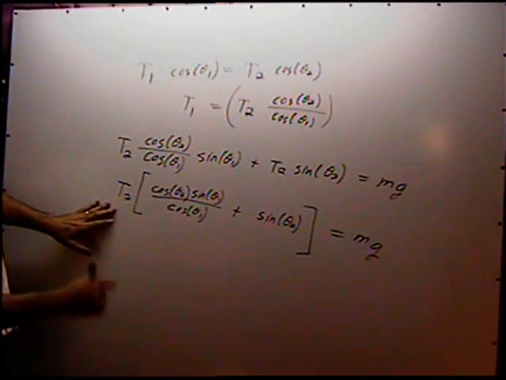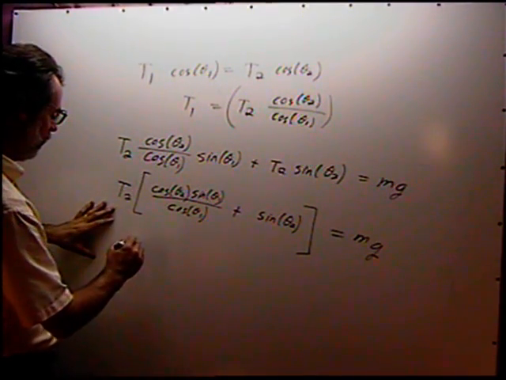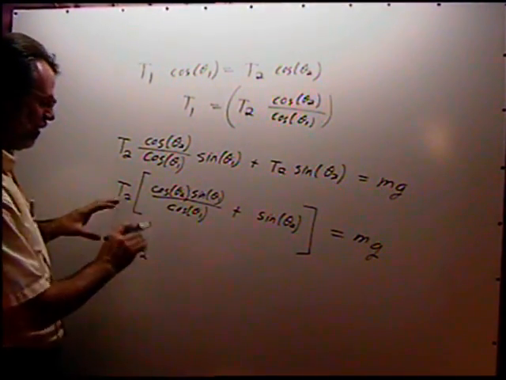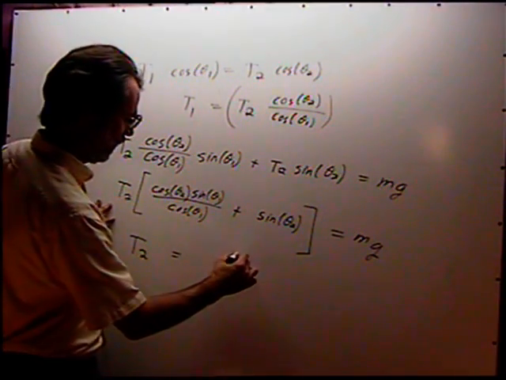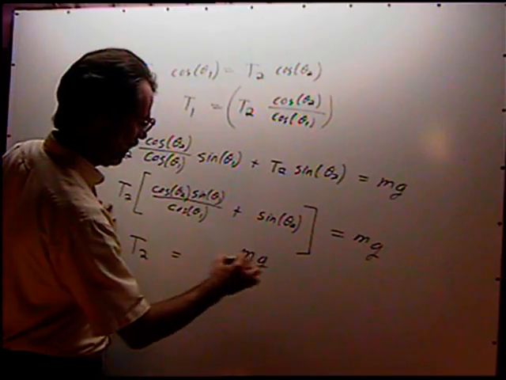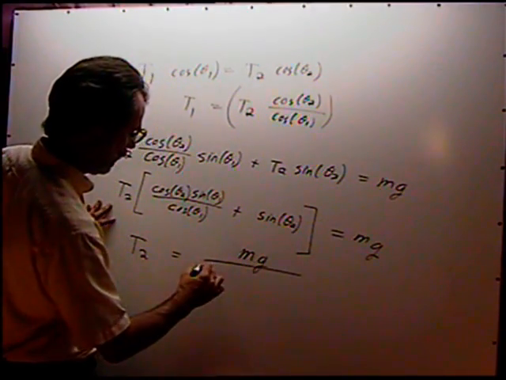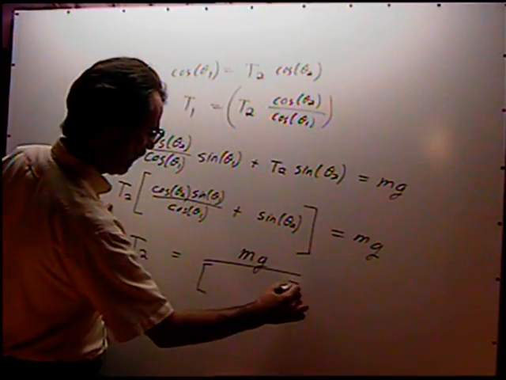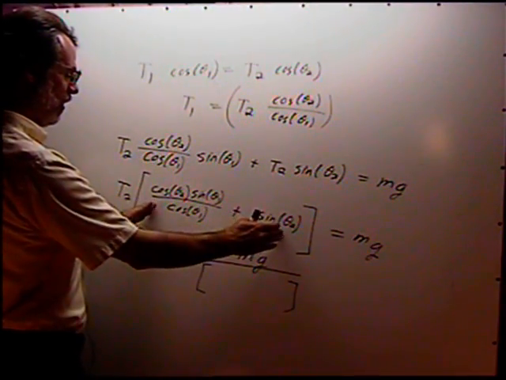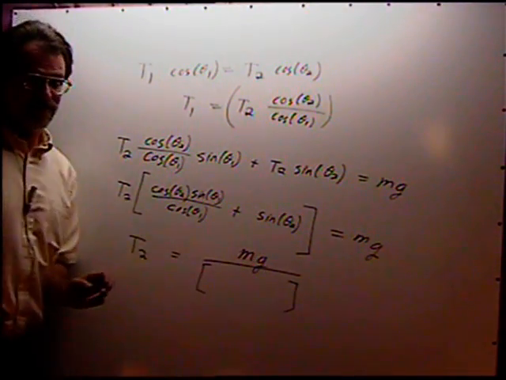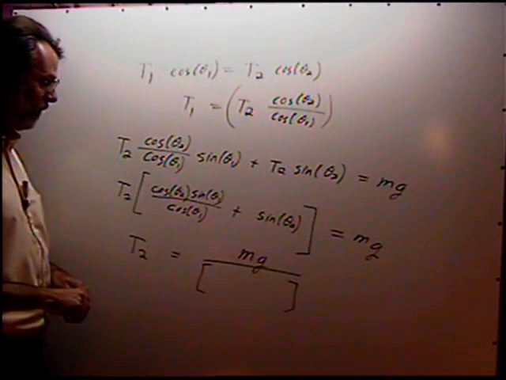So at this point now I can solve for T2. Again, I'm just keeping this in the algebraic realm. It's simply mg, the right-hand side of the equation, divided by what's in brackets. What's in brackets here, you simply plug right into here.